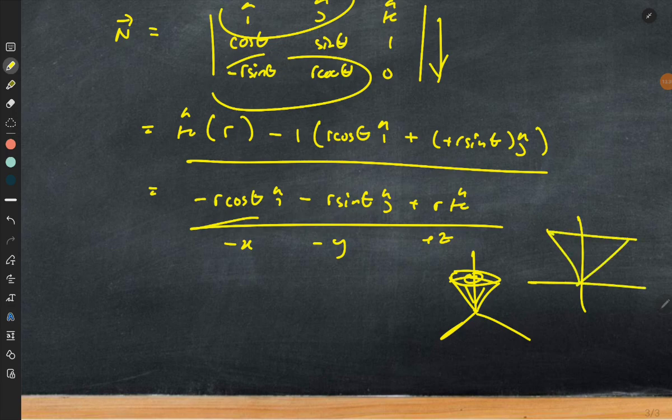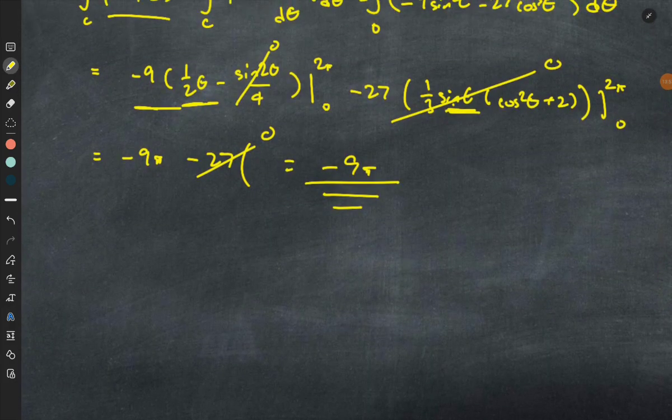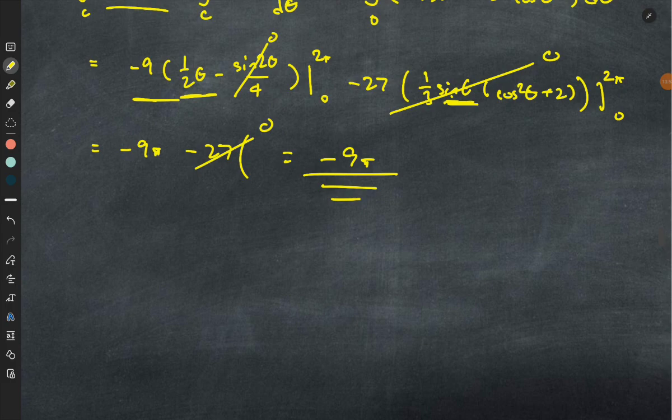If it has a positive z component and a negative x component, it's pointing inwards. And that is all right, no big deal. If our result from the surface integral is positive 9 pi, then that just means our normal vector was pointing the wrong way. And that's totally fine.